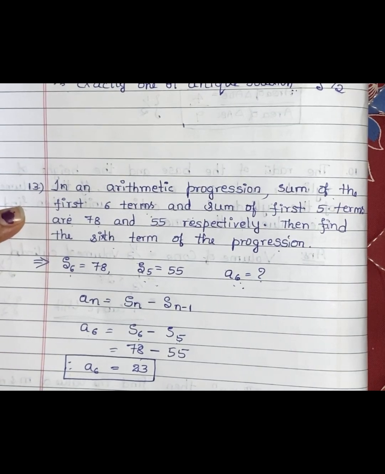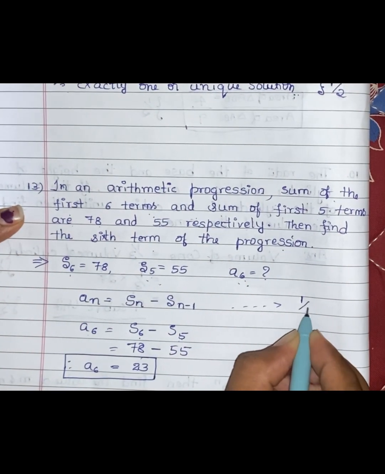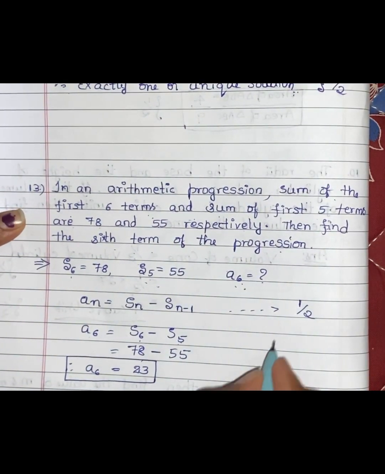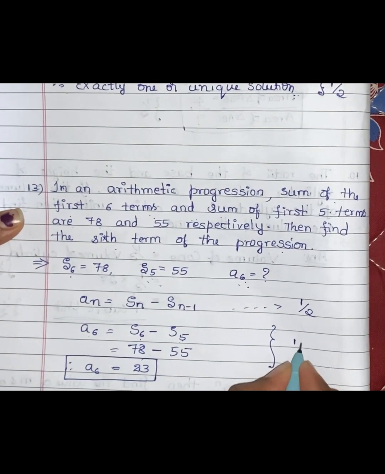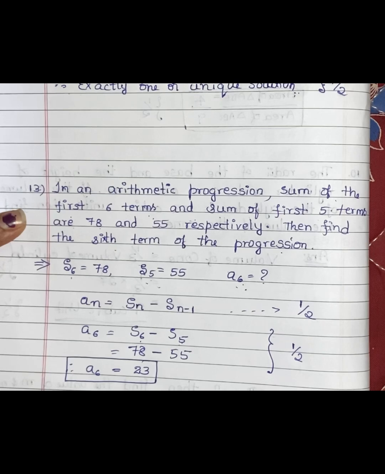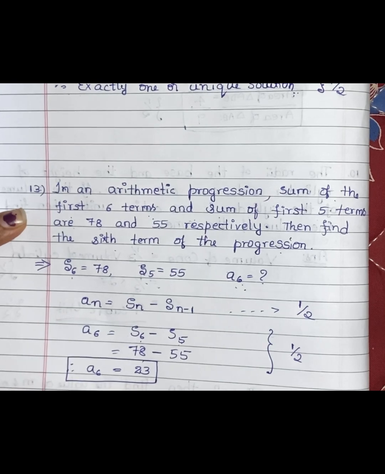Here is how the marks are split up. If you just write the formula, you will get half marks. And for all the steps until the answer, you have another half marks. So if you get stuck in any of these steps but you have written the formula, then you'll get half marks.